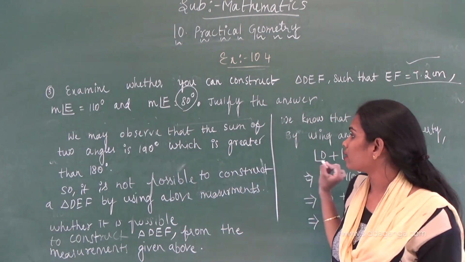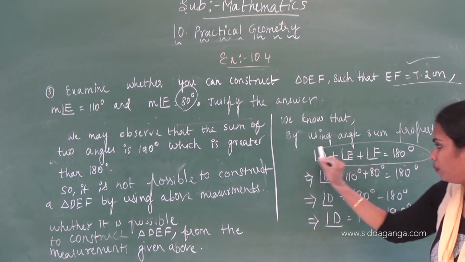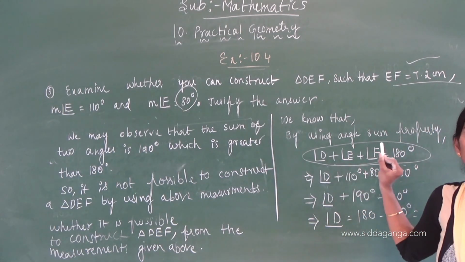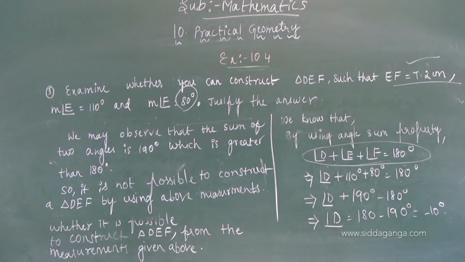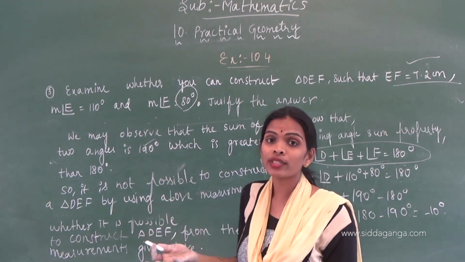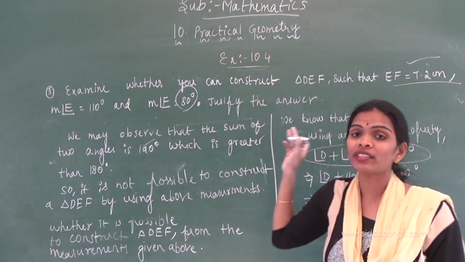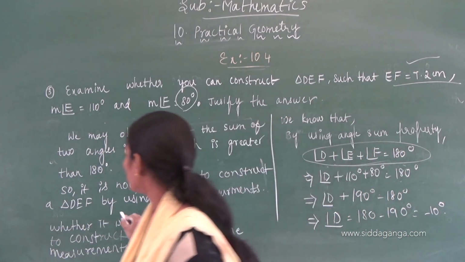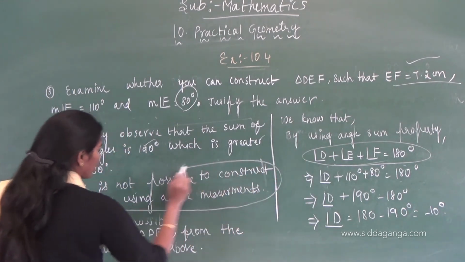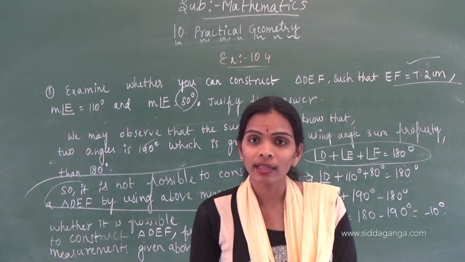Actually, by using angle sum property, we have this formula that all the angles must equal 180 degrees. Correct? Two angles give us 190 degrees. That's why we are not constructing a triangle DEF by using the above measurements. This will be the conclusion. Okay children, I hope you understand. Thank you.